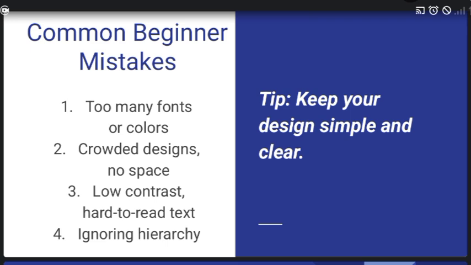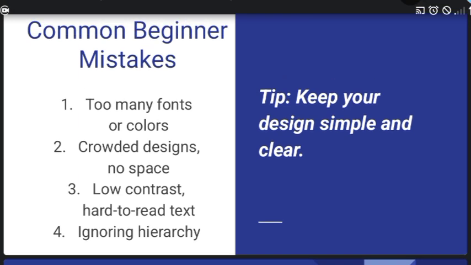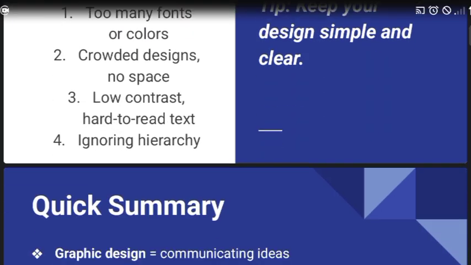You don't use light colors on a light background. You use dark colors on a light background. Use light colors for text on a dark background. Also, ignoring hierarchy. Make sure that in your design there is a sense of priority in the elements and the text contained in the design. Keep your design simple and clear.